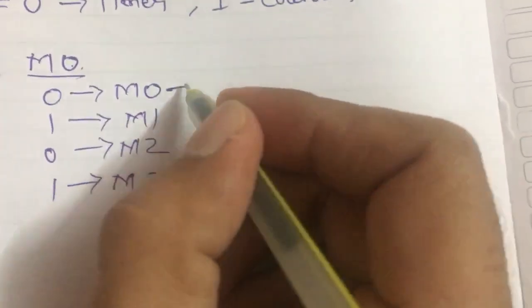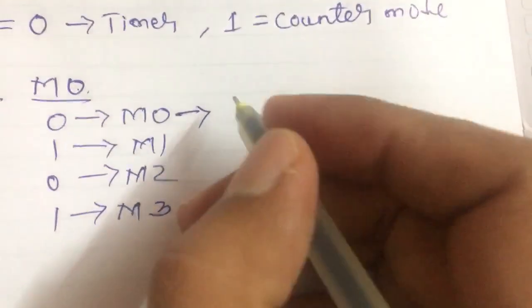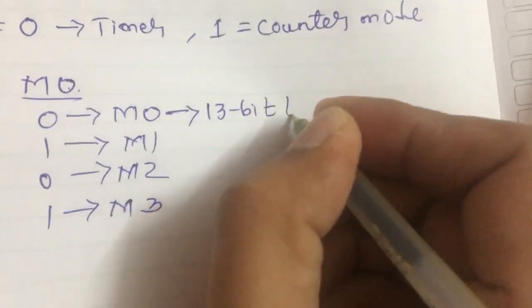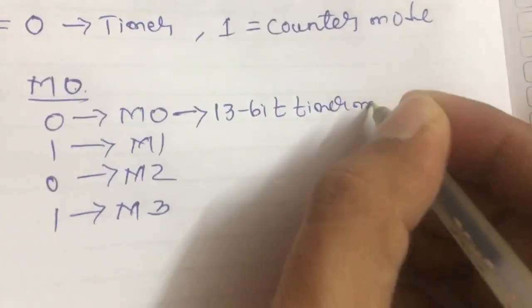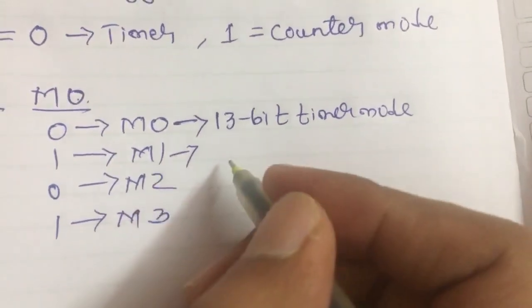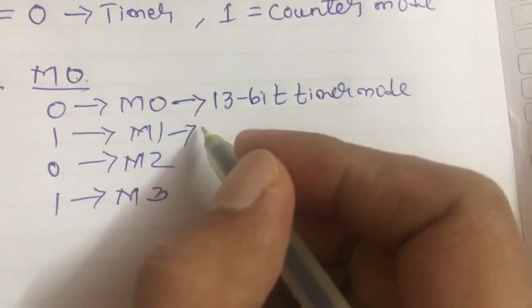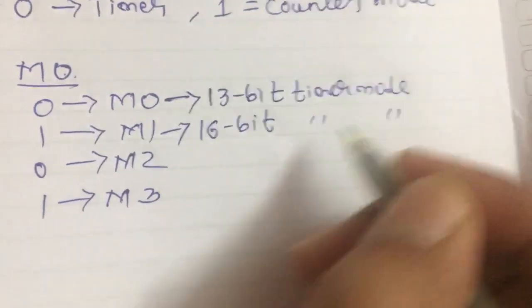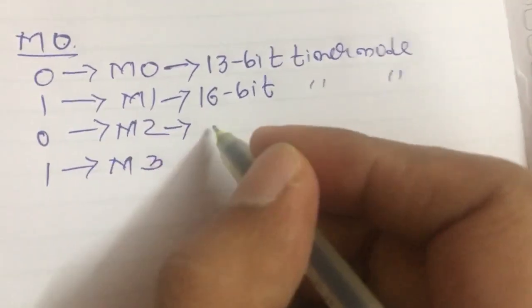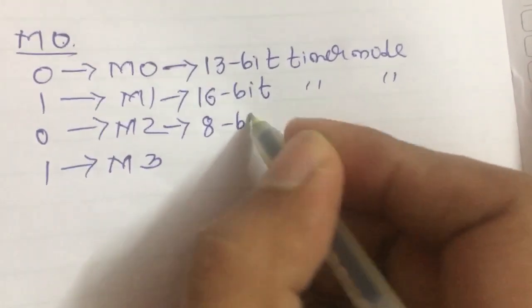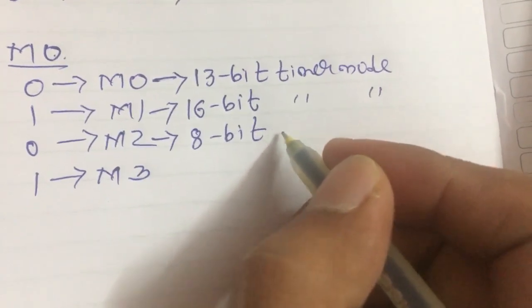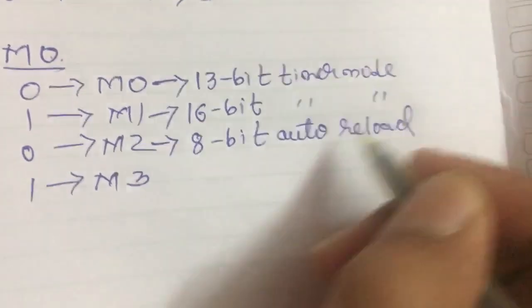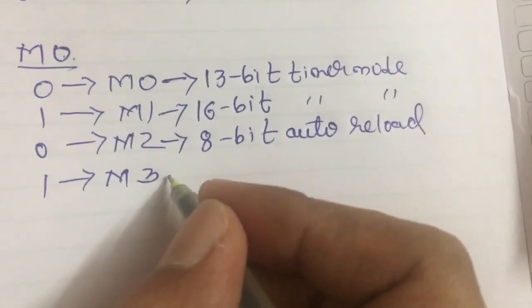The name given to mode 0 is 13-bit timer mode. The name given to mode 1 is 16-bit timer mode, and for mode 2 the name is 8-bit auto reload mode.